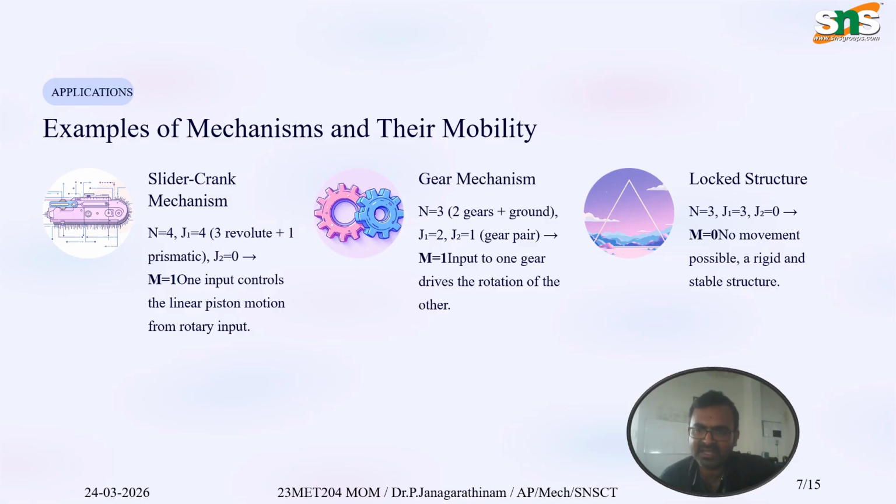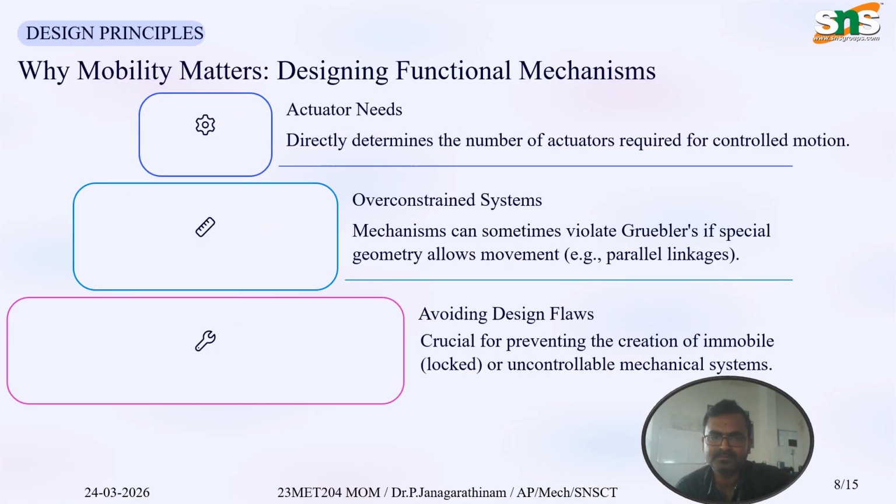The locked structure has 0 degrees of freedom, because a locked structure is a fixed body with no movement. It is a stable structure, a rigid body.